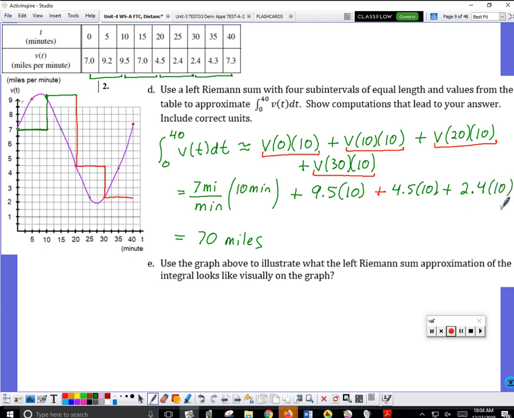So you have to show the integral. Then you can show these 4 or these 4. You don't have to show both, just one or the other.